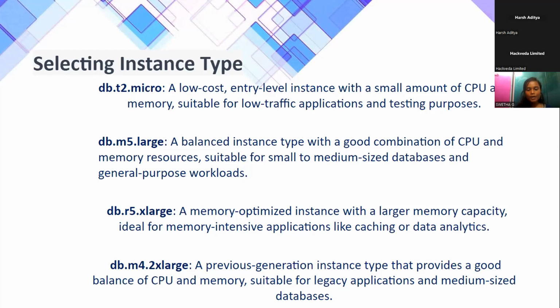It is a memory-optimized instance with a large memory capacity, ideal for memory-intensive applications like caching and data analysis. And the final one is db.m4.2xlarge. It is a previous-generation instance type that provides a good balance of CPU and memory. It is suitable for legacy applications and medium-sized databases.